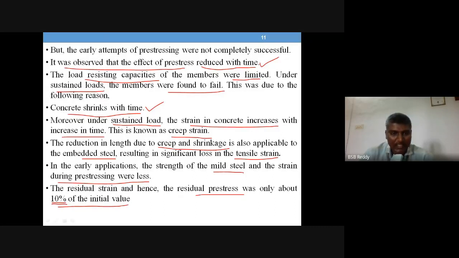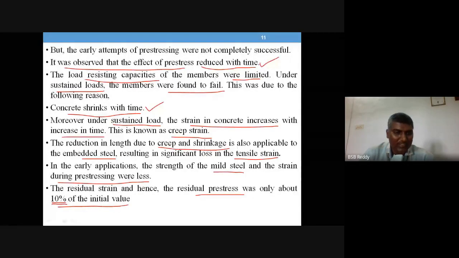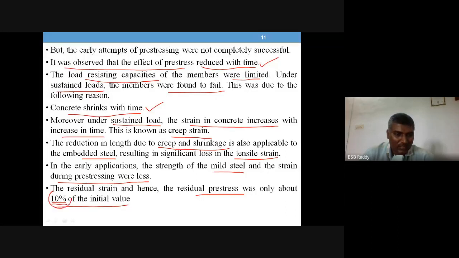Okay, so if you induce 1000, then it could be 10% of that 1000. So likewise, the final pre-stress, after accounting for all these parameters like creep, shrinkage and all, you are having only an effective value of just 10% of the stress that is initially induced.